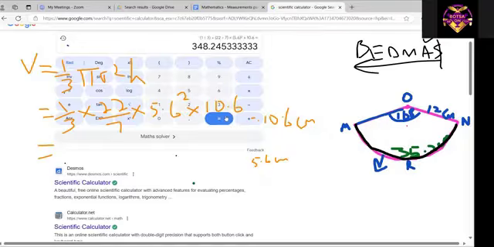Let me double check that on my calculator here. Okay, yeah, I'm getting the same thing.